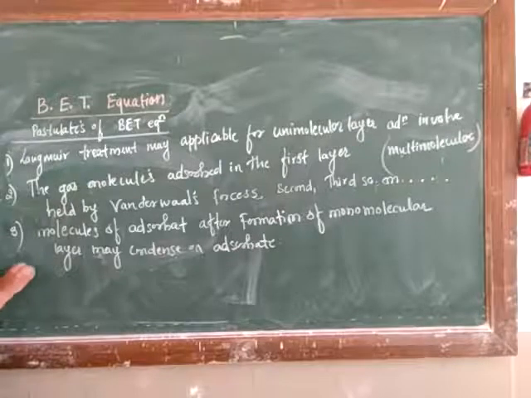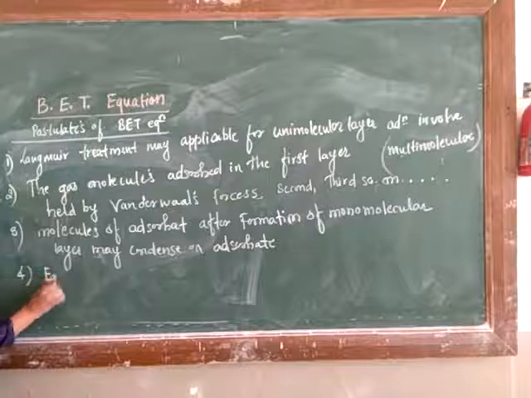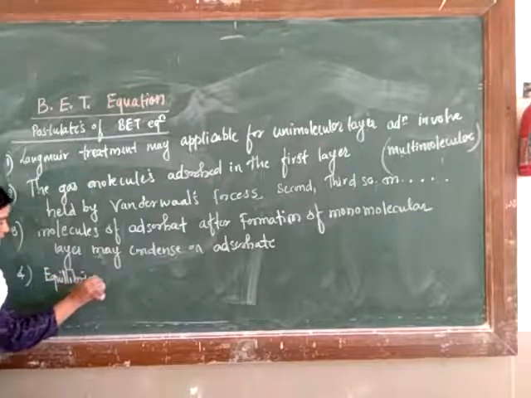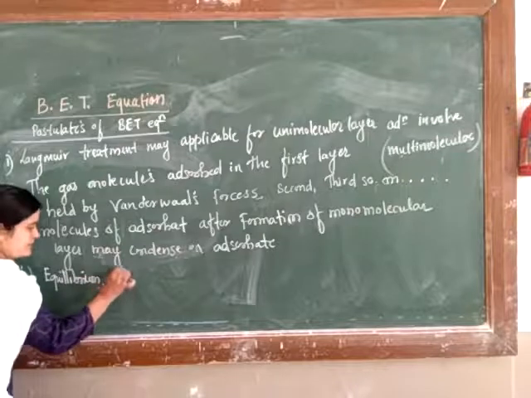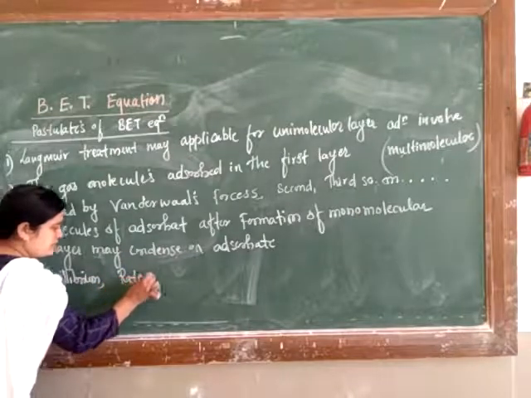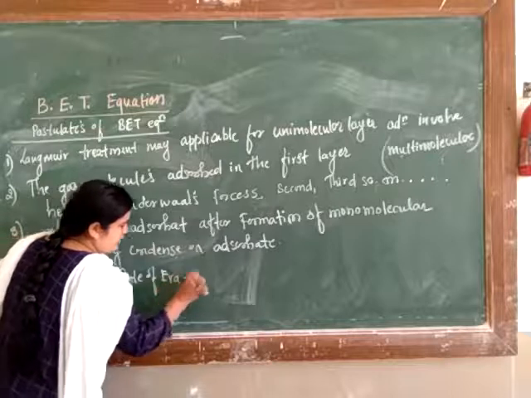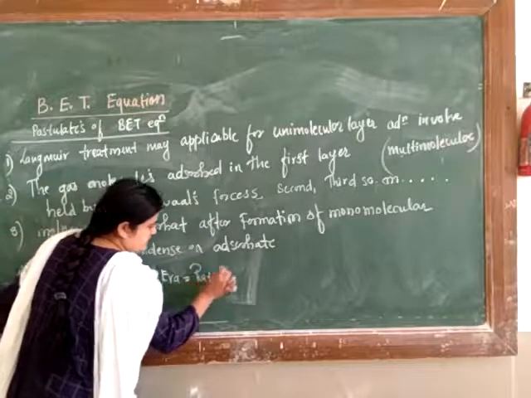So the fourth one: there is a dynamic equilibrium between two layers. Okay, the rate of evaporation is equal to the rate of condensation.